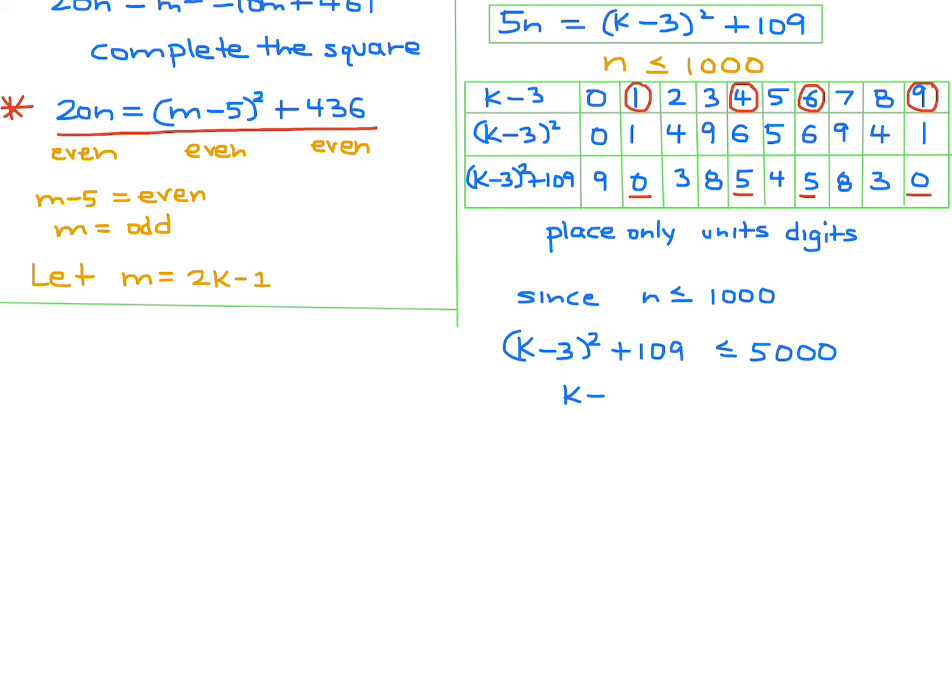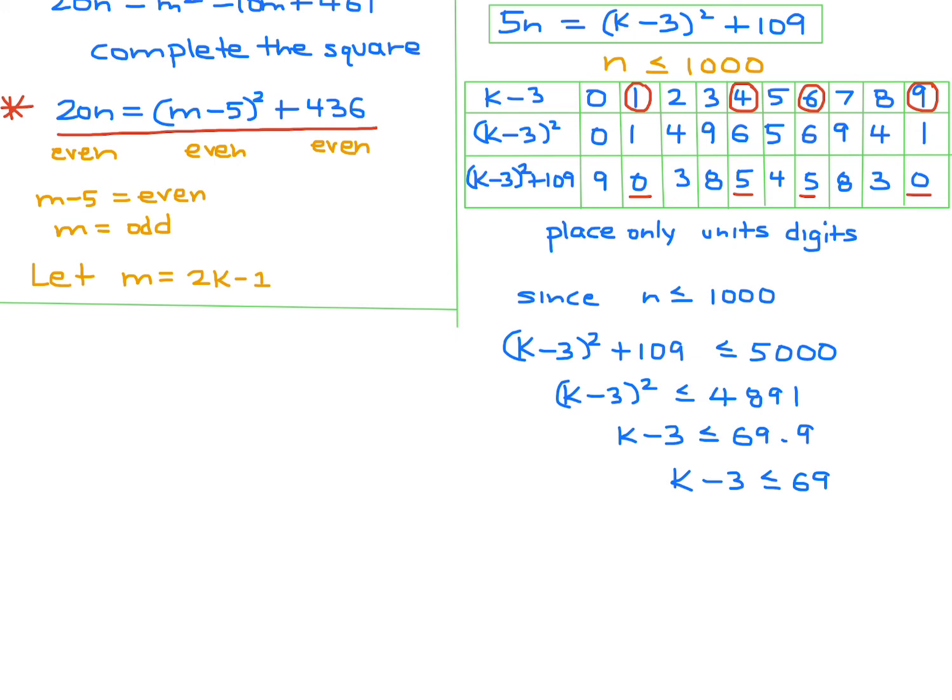So that means that (k minus 3) squared is less than or equal to 4891 when you subtract the 109, and when you take the square root, you get k minus 3 is less than or equal to 69.9. But remember, k is an integer. So k minus 3, I should say, has to be less than or equal to 69.